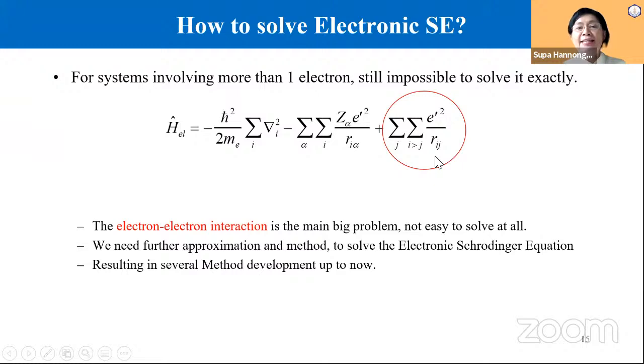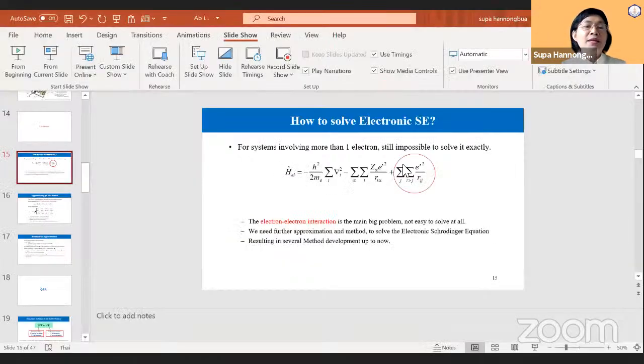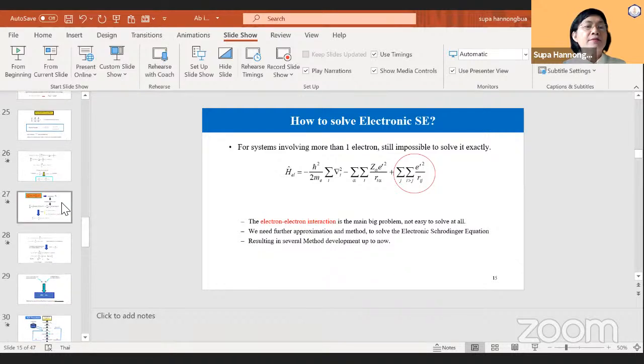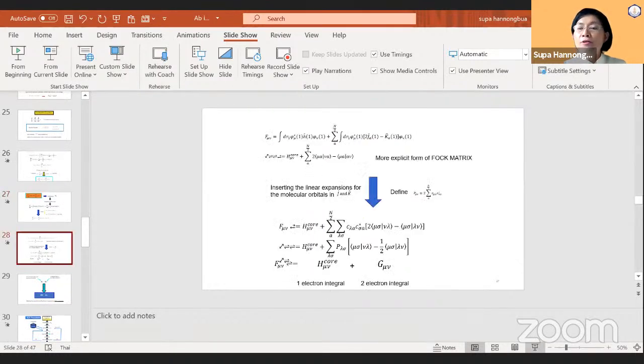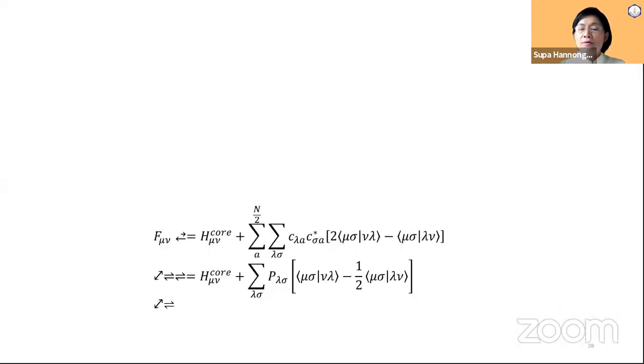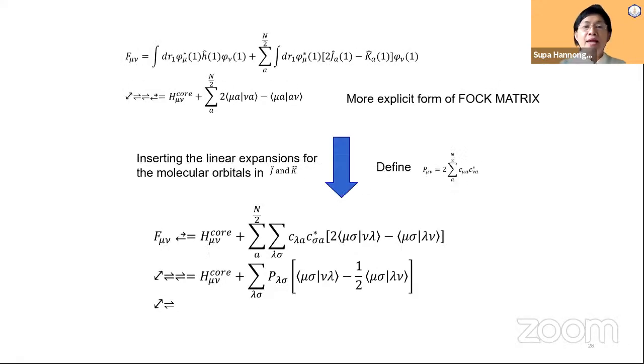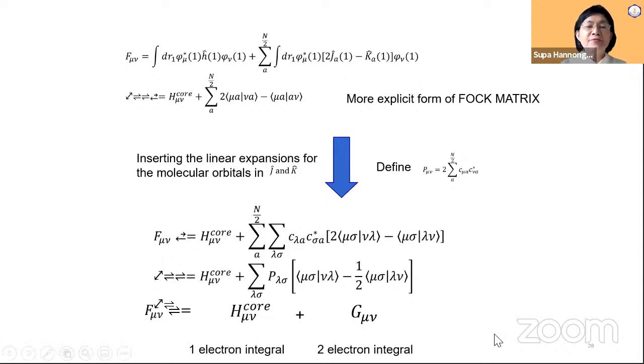Okay, and at the end, when we try to solve this kind of problem, we face many mathematical terms, integral terms, but the concept is that at the end you can have the 1 electron integral term and 2 electron integral terms.